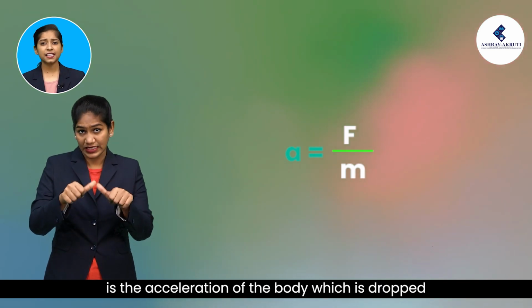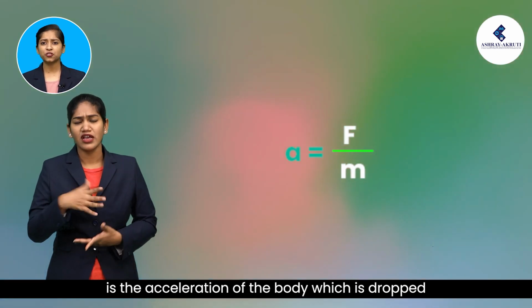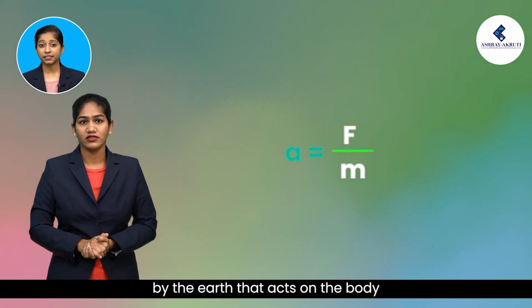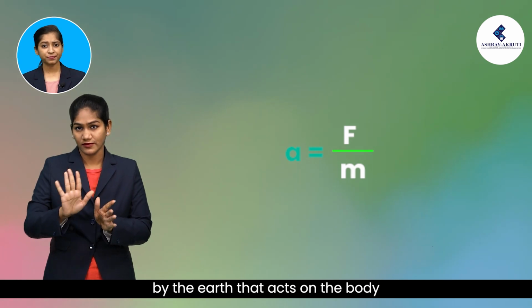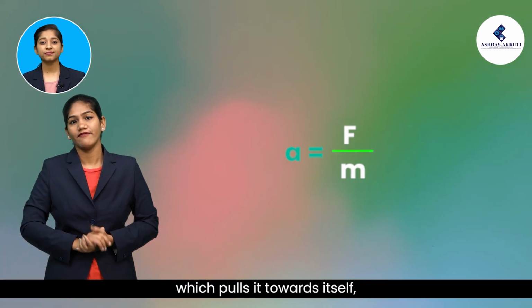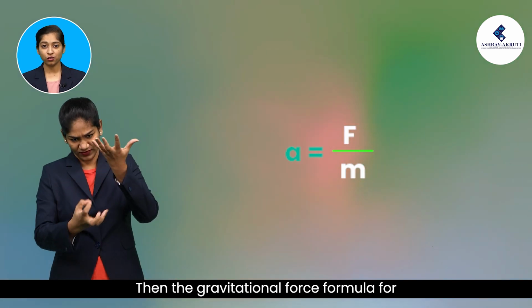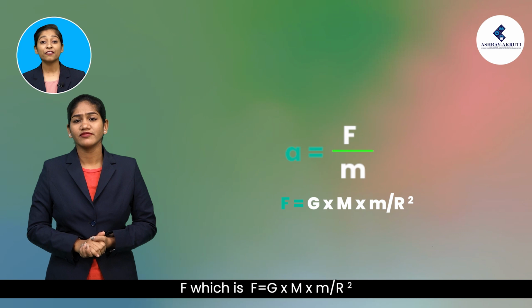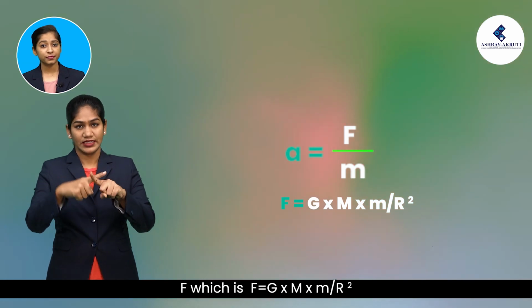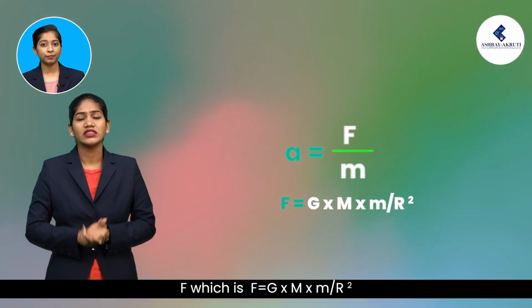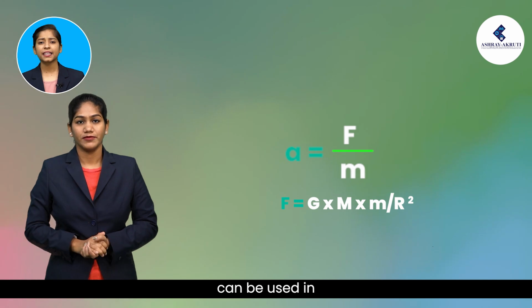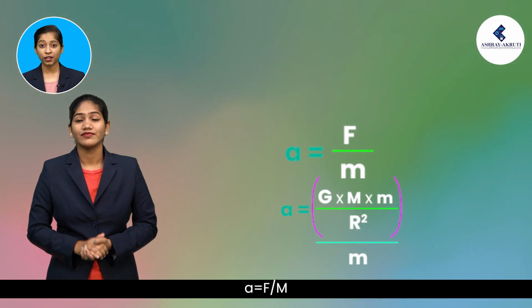If this a is the acceleration of the body which is dropped and F is the gravitational force by the earth that acts on the body which pulls it towards itself, then the gravitational force formula for F, which is F is equal to G into capital M into small m by r square, can be used in a is equal to F by m.